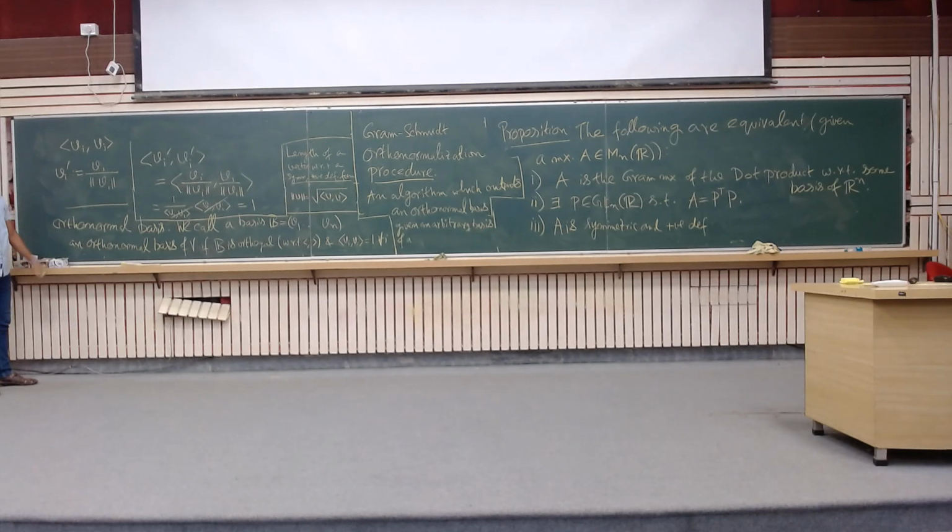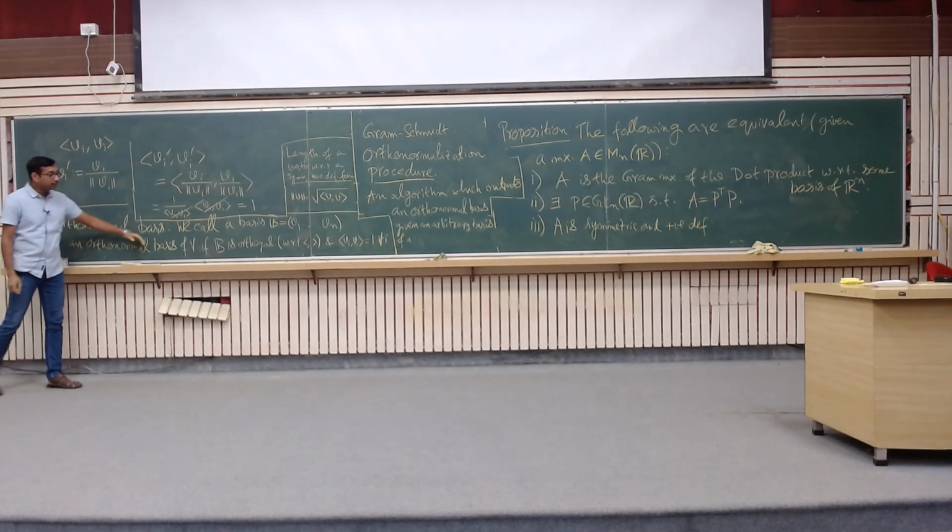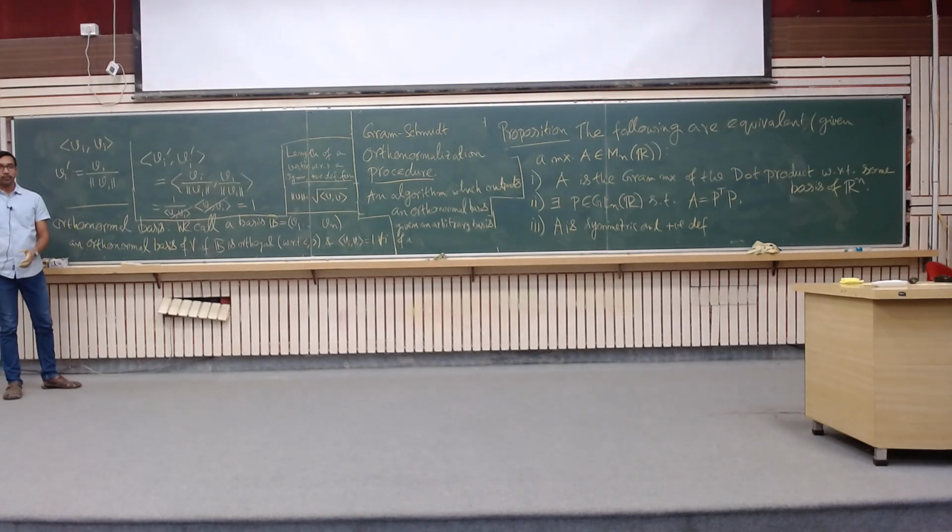So that's how, given an orthogonal basis, if you know that it's a positive definite form, you can always normalize it, so that all the vectors in the basis are having length 1. And thus we get an orthonormal basis from an orthogonal basis.